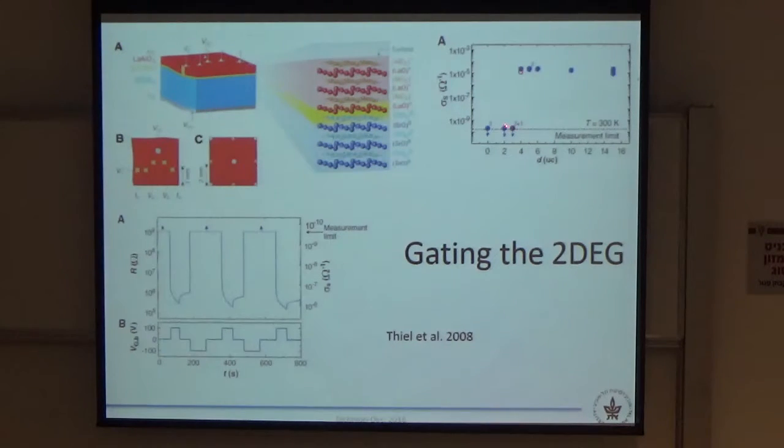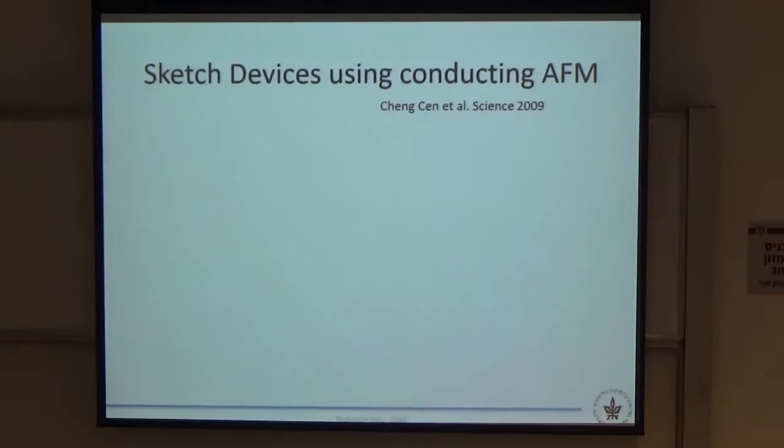You put 3 unit cells, so it's almost at the threshold for conductivity but still insulating. Then you apply gate voltage and you turn on conductivity. Here gate voltage is 0, then you apply it and it conducts, and you can turn it on and off. Okay, this is nice.